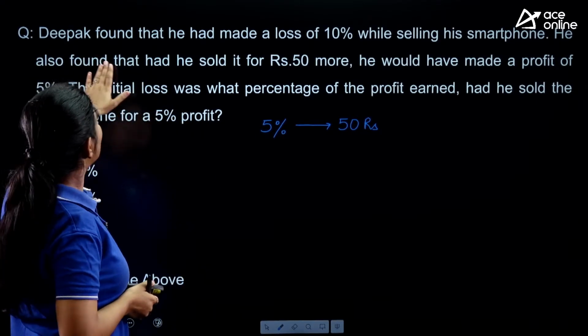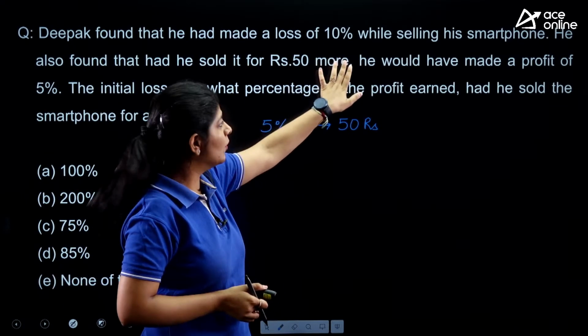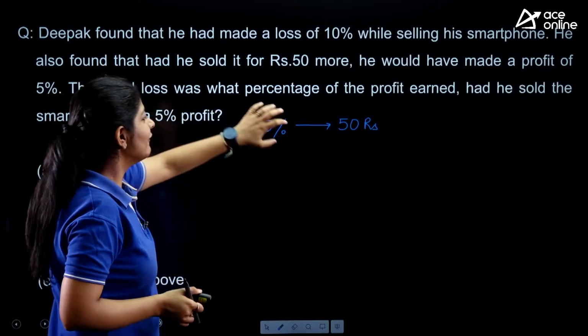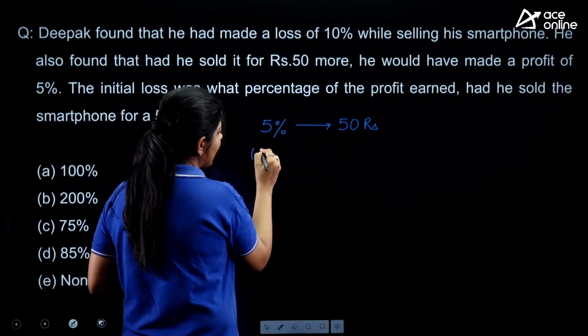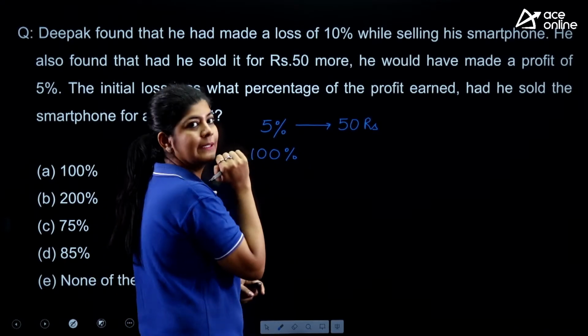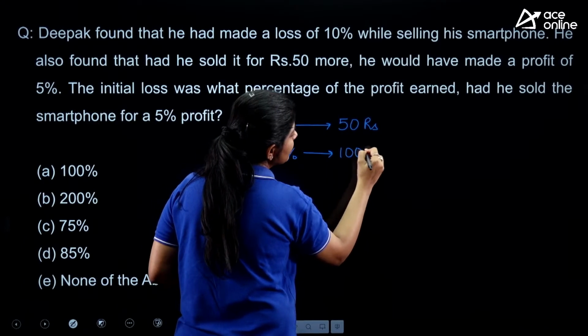If the value of 5% is equal to 50, that means the value of 100%, which is a multiple of 20, is equal to 1000 rupees.